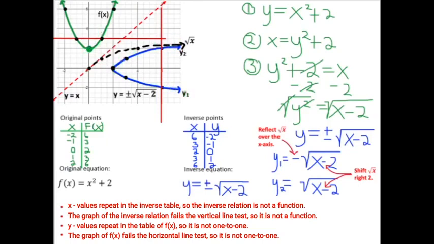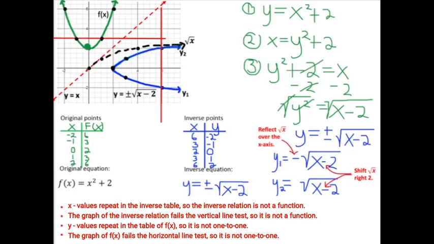So I could have restricted my domain of f of x. I could have let it be from 0 to infinity, or I could have been negative infinity to 0. If I picked either section of that by restricting the domain, then the inverse for that would have been a function, because the inverse you can kind of see graphically here. If I go from 0 to infinity, that's this piece. That would go with this top half right here, which is the positive square root of x minus 2.